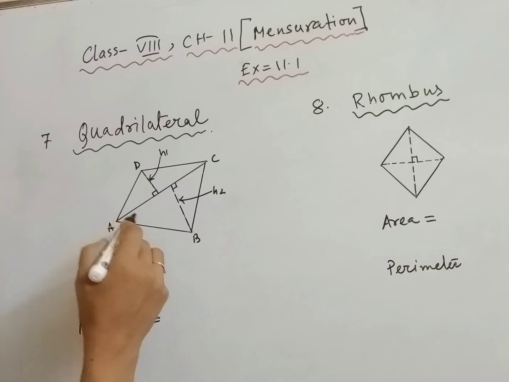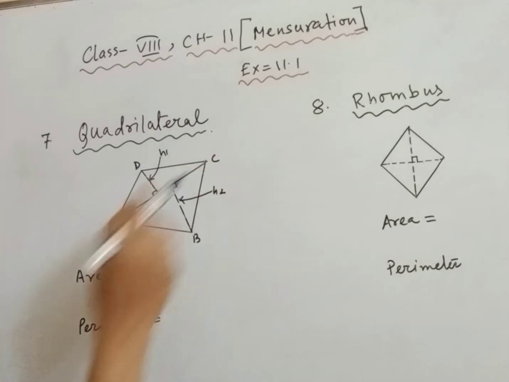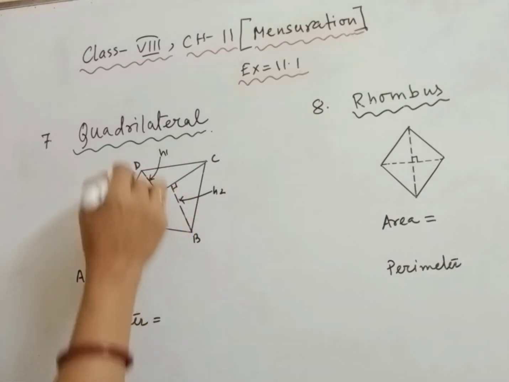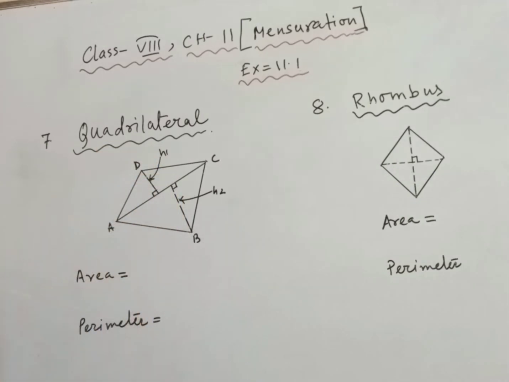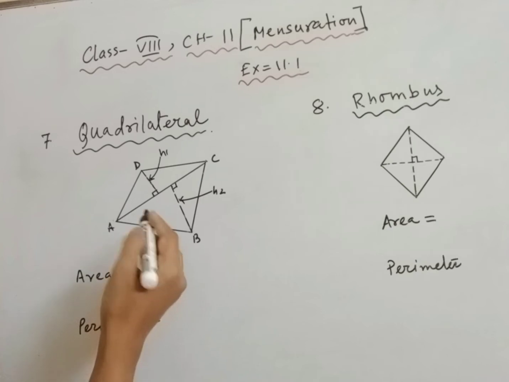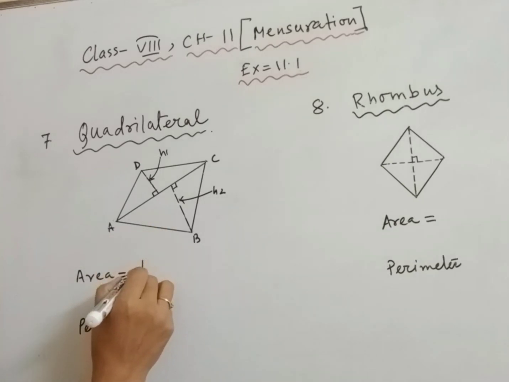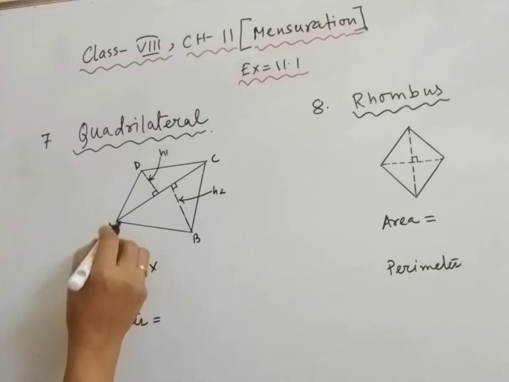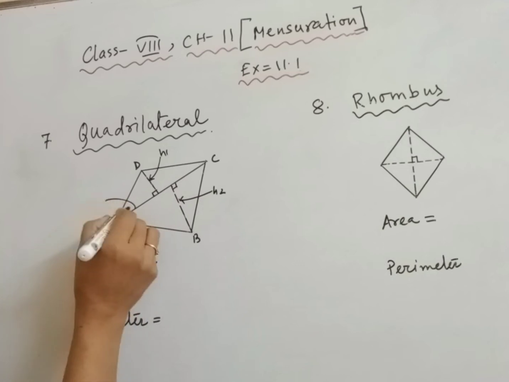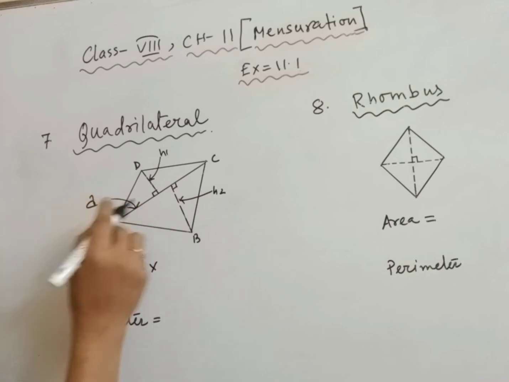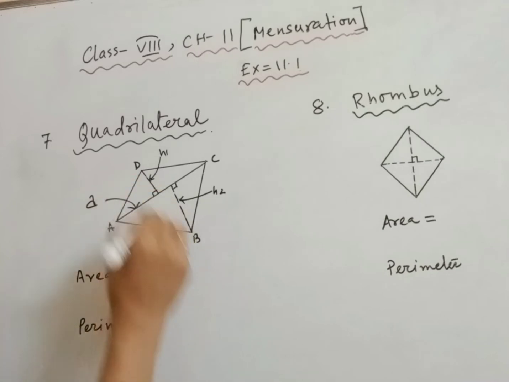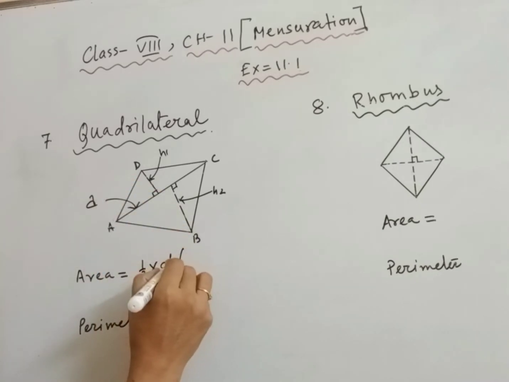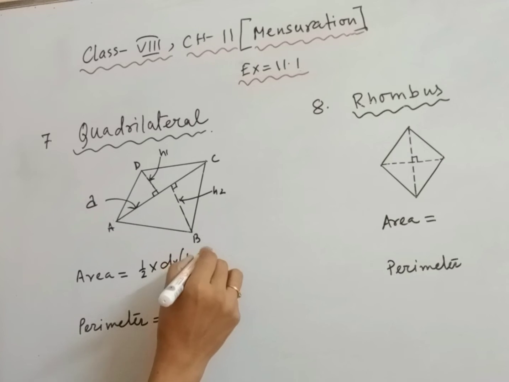Now in this quadrilateral, if you know one diagonal and two heights on this diagonal, then you will find the area of this quadrilateral as half into diagonal, AC, which we have taken as diagonal, into h1 plus h2.